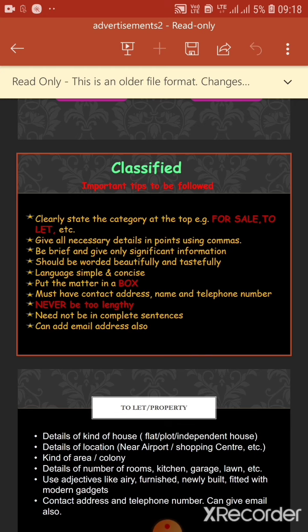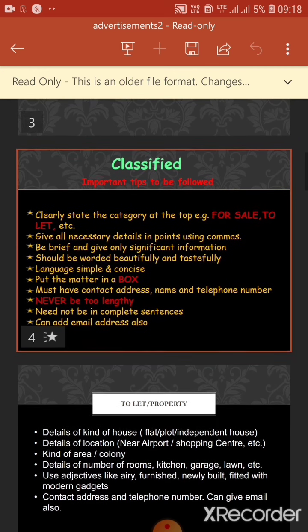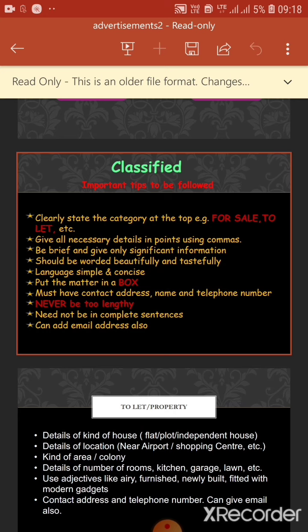Very often we commit mistakes in this particular condition, because we fail to understand under which category this particular classified advertisement will be written. So clearly, the first important point is to clearly state the category at the top.